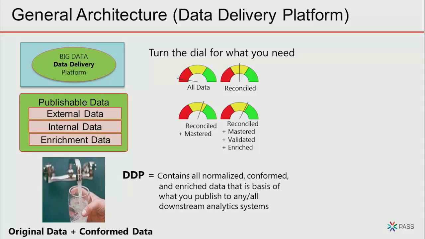So the other thing is, what we did, and I'll have a couple of things to explain on this slide, but we discovered there's a dial concept that's available to you. Because not only did we have the original data that came in from its raw form in our data delivery platform, we had the conformed data with it.